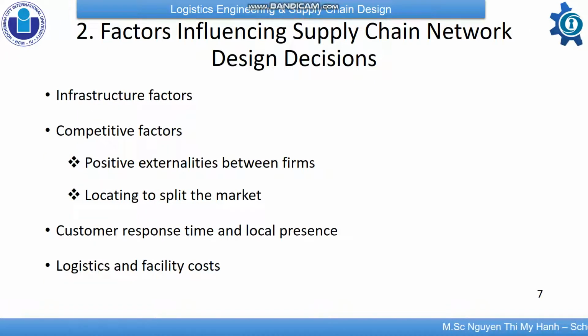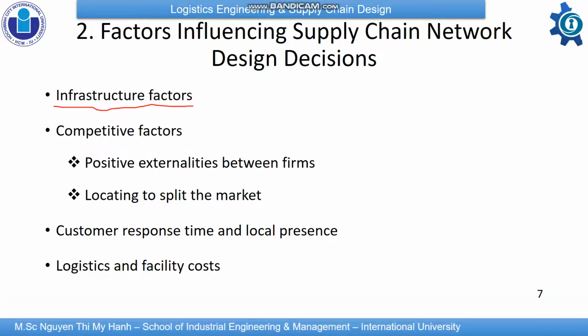The next factor is the infrastructure factor. This one is very important because the infrastructure can describe the development of the economy of that country, of that area.